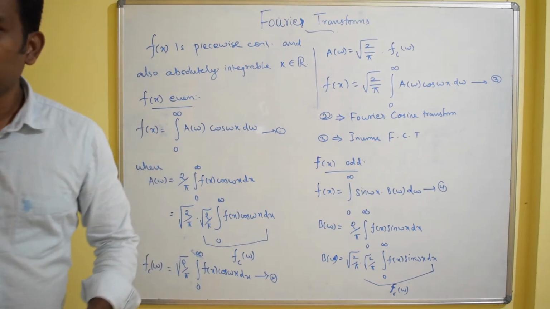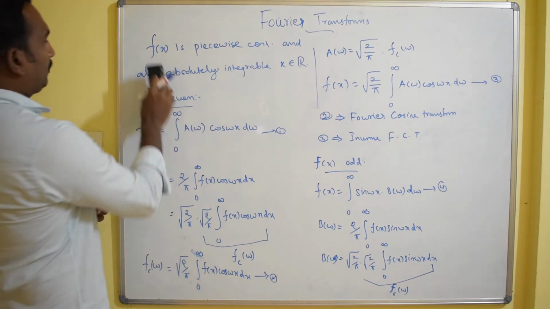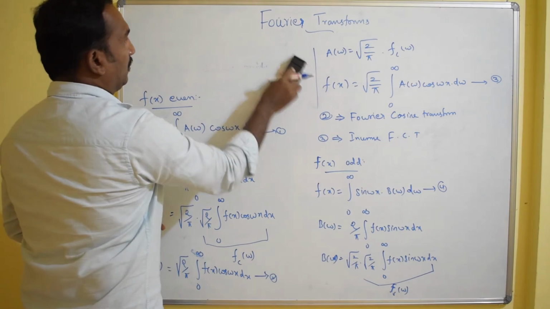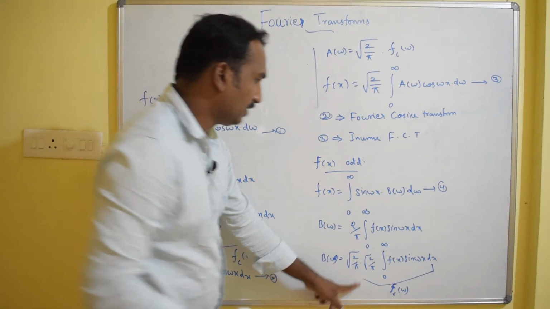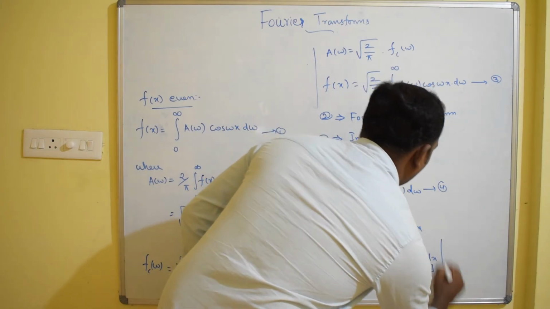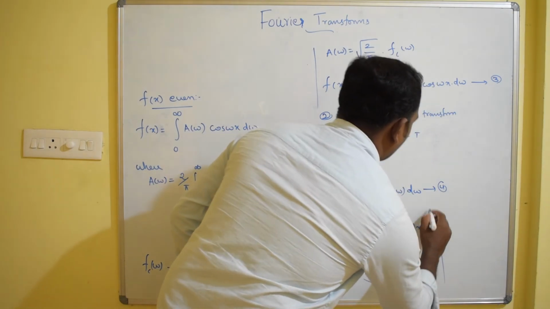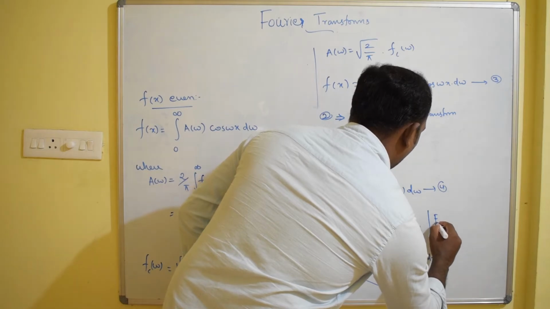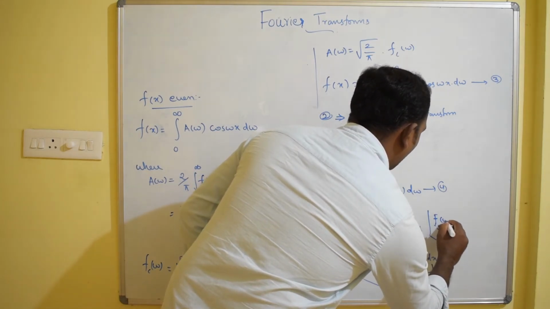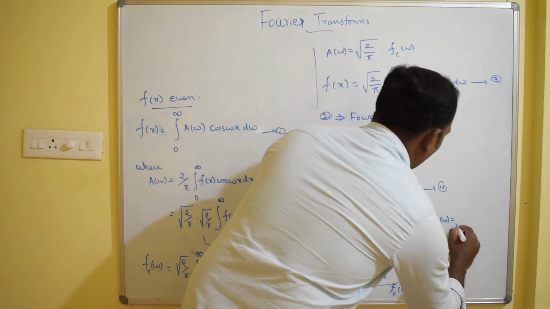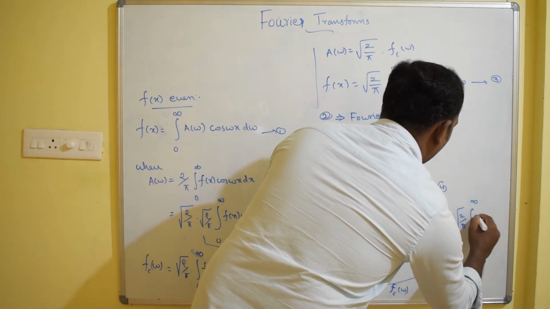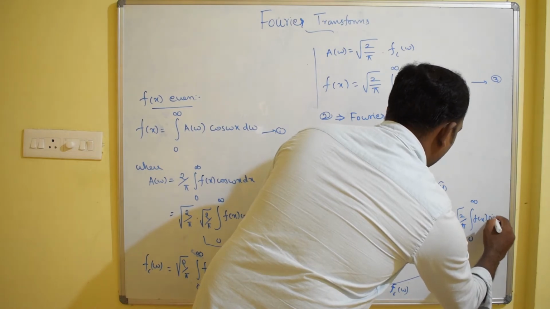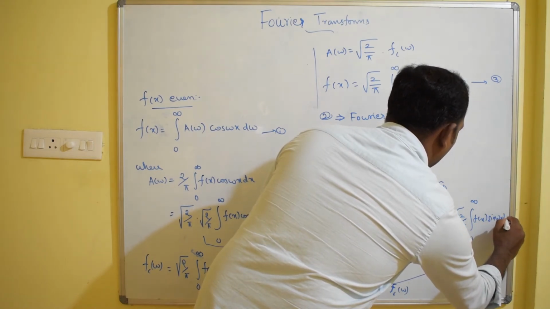So F s of omega is equal to root of 2 by pi integral 0 to infinity f of x sine omega x dx.